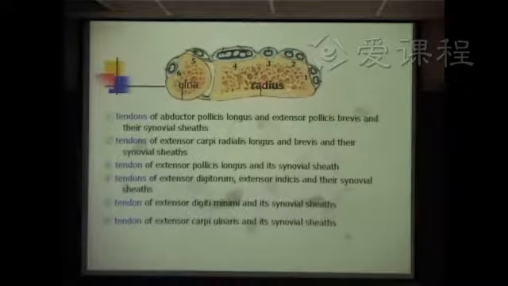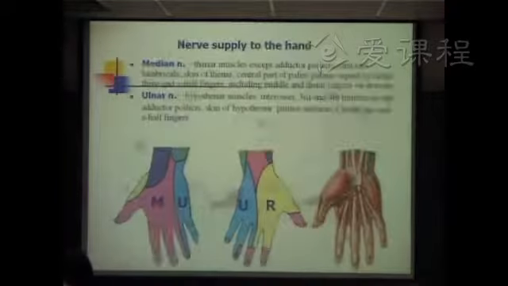This is the radial, and this is the ulnar. In each compartment go different tendons of muscles. You should identify them by yourself.